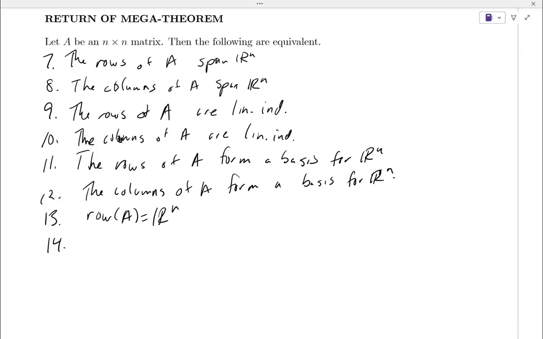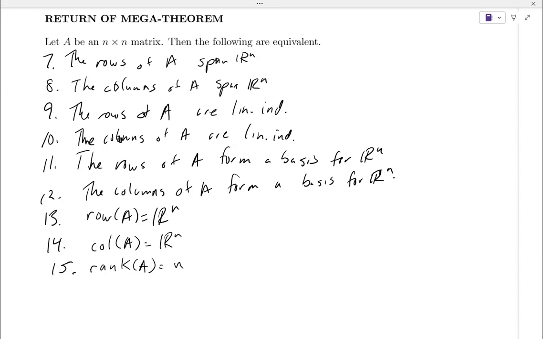Likewise, what can you say about the column space of A? Also Rn, right? What's that going to tell us about the rank of A? It's n, right?